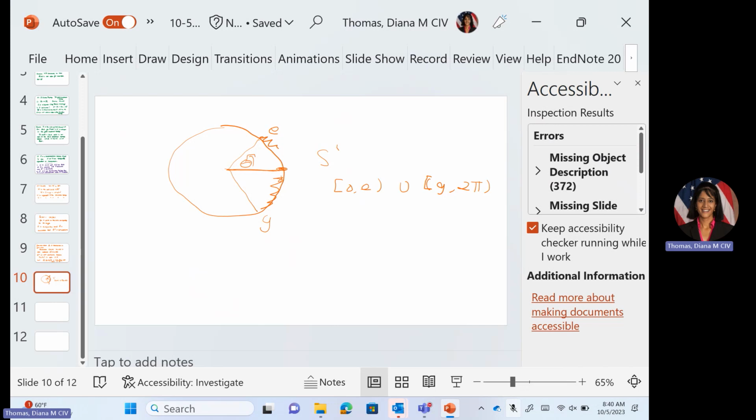You have to use topology because you're shrinking things, you're doing manipulations on the complex plane. But we're going to look at it in R2.